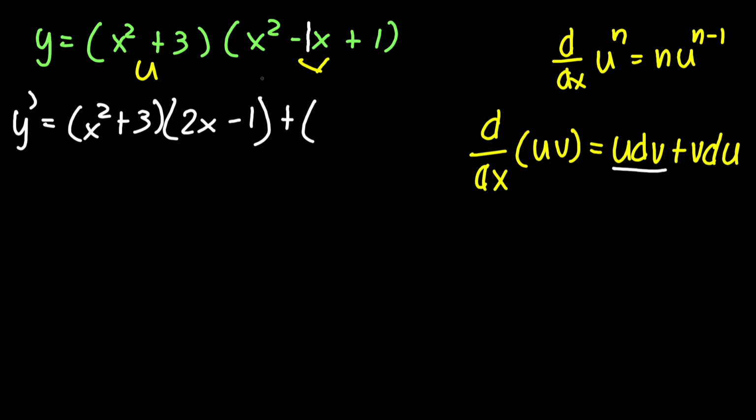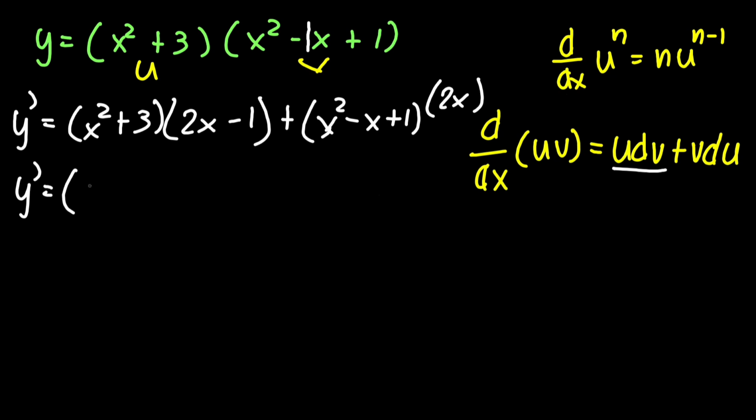Plus, v here would be equal to this one, and multiply it by the derivative of u. The derivative of x squared would be 2x, and the derivative of 3, which is a constant, would be 0. Multiply these two together by FOIL method.